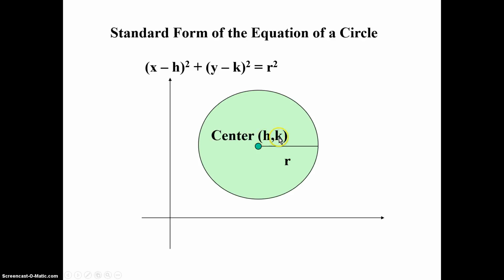Notice that it's hk. In the equation it has a negative or a minus sign in front. So I always like to tell my students that minus basically is telling you to take the opposite of that. So the opposite of h and the opposite of k. That will be your center.